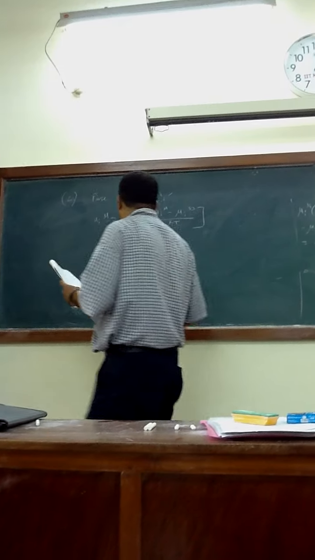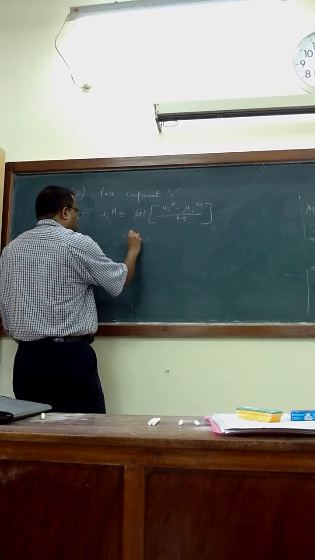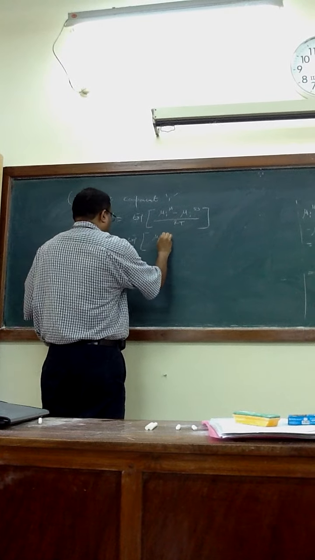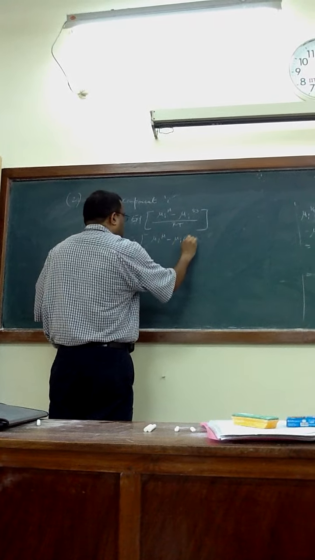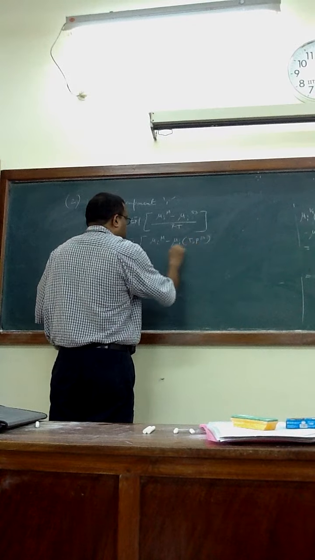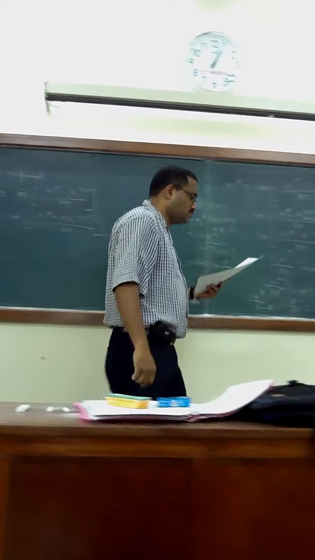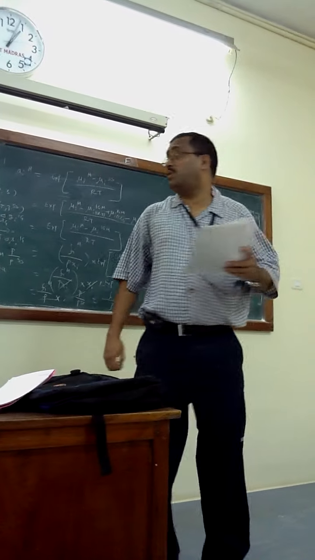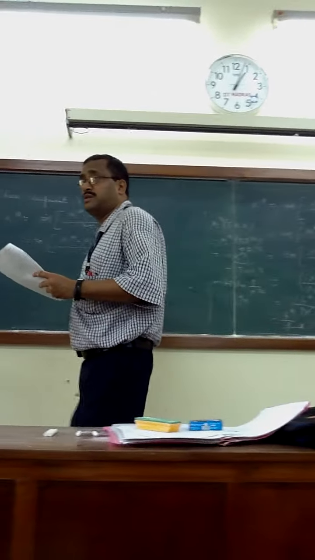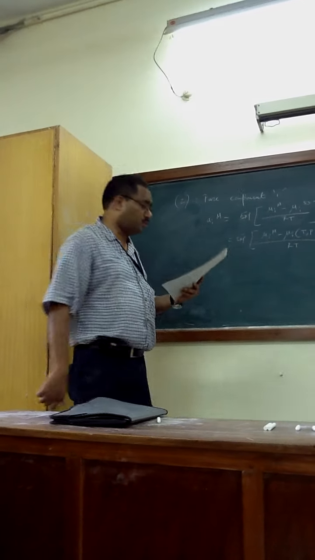This can be written as exponential of mu IM minus mu I at T, P_SS by RT. This is not mu I IG; it is mu I at T, P_SS, pure component. I can have IG, you can have pure component.